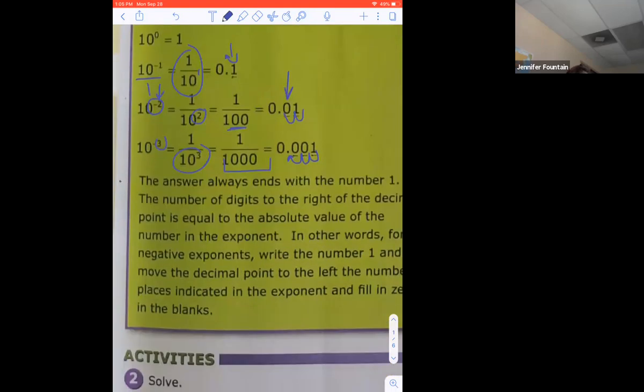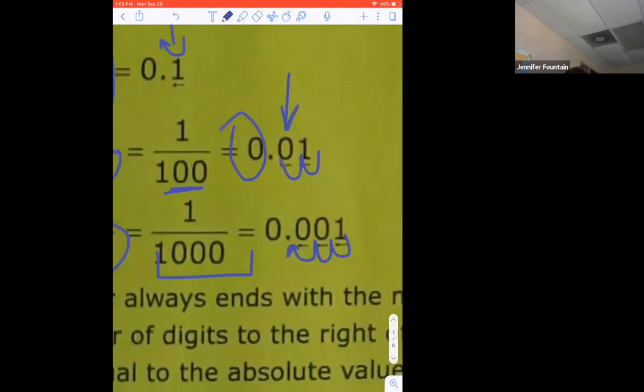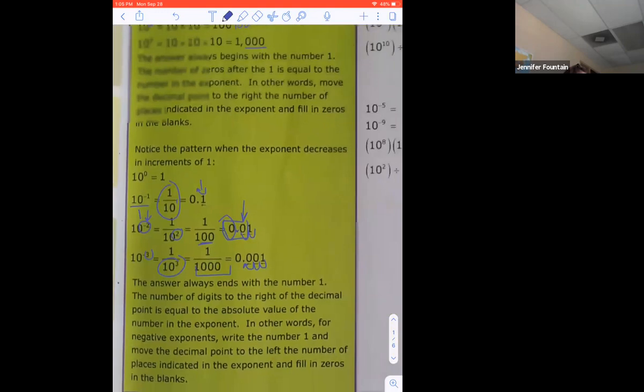And then, to me, counting the zeros gets a little confusing if you don't remember that you've got that 0 before the decimal, okay? Here, I do have 2 zeros in front of 1, but they're separated by a decimal, okay? So I like to remember it as how many places you move that decimal place. So let's look at our examples in classwork.